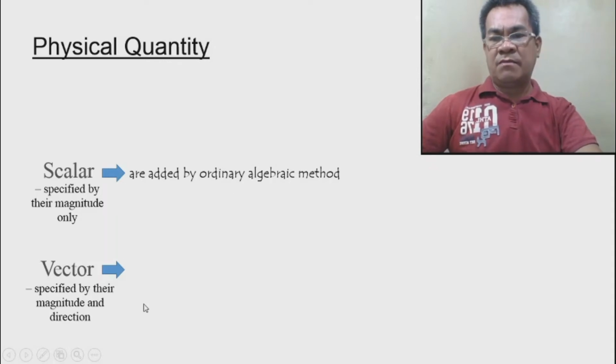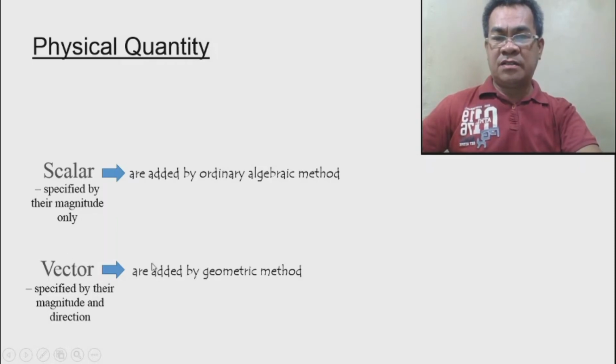Now, the problem occurs with vectors, because when combining vectors, you have to use the geometric method. The algebraic method is different from the geometric because the geometric involves an angle. The algebraic doesn't involve an angle. Okay?